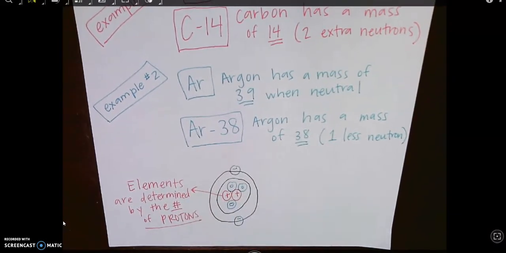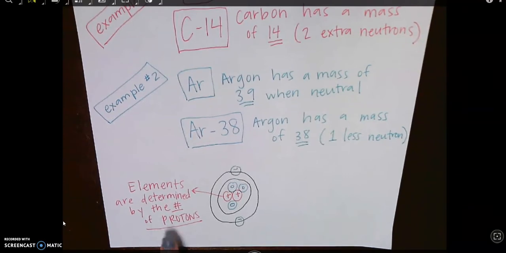So in any case where I'm identifying what the element is, I know I can use that atomic number to tell me how many protons are there, and I know that that's going to tell me what that element is. If I change the number of protons in my nucleus, I am changing the element that I'm looking at.